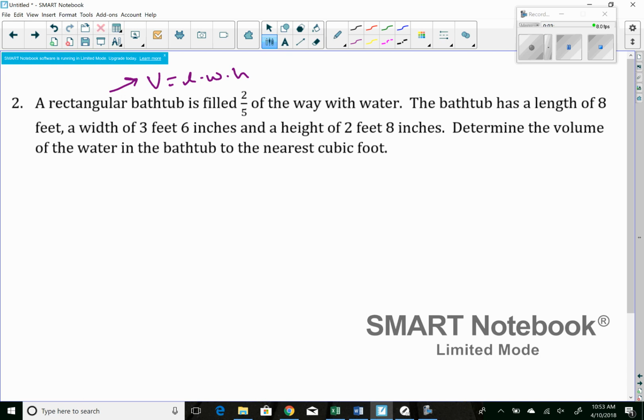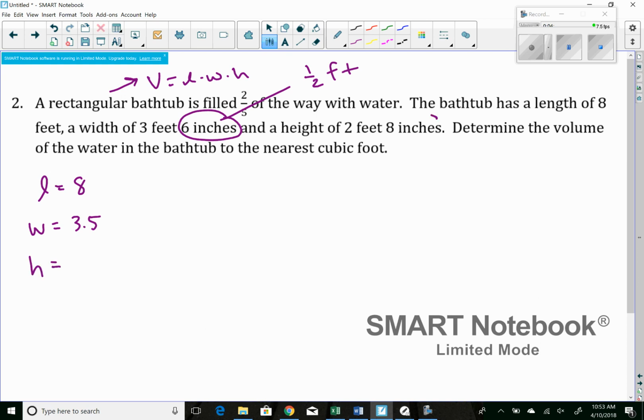So there's a couple things going on here. First, I know the length is 8. The width is 3 foot 6 inches. Well, 6 inches is half a foot, so this is going to be 3.5 feet.